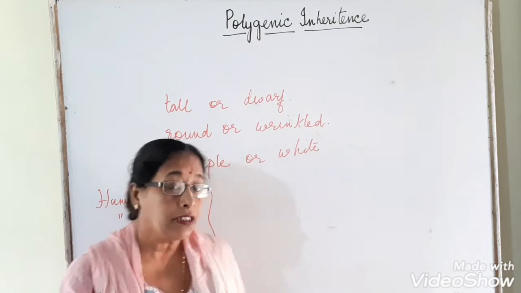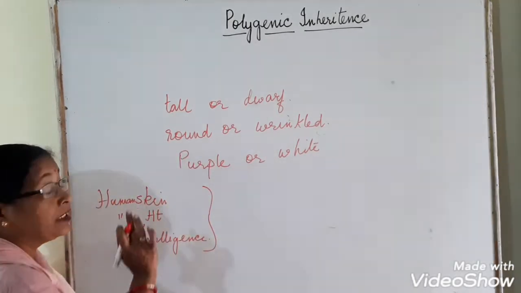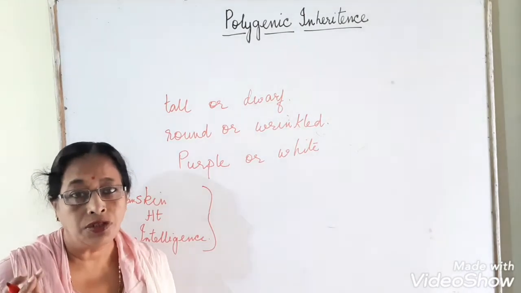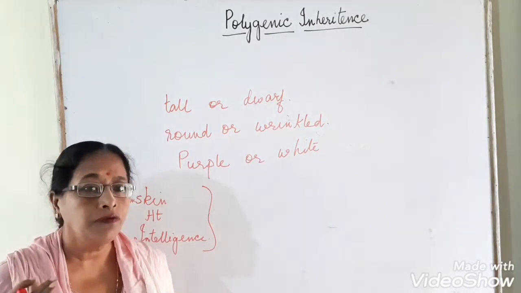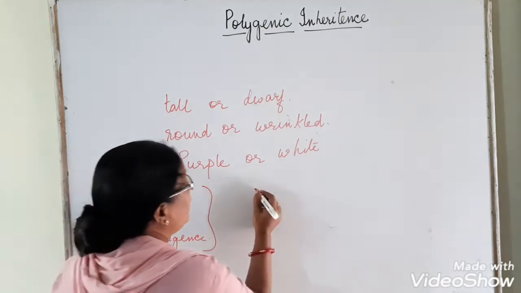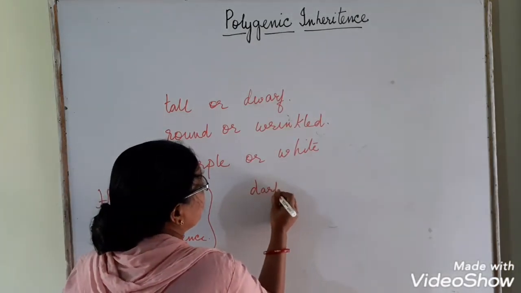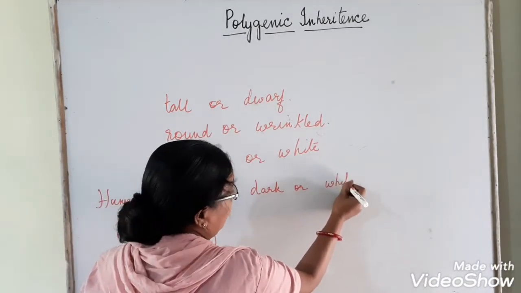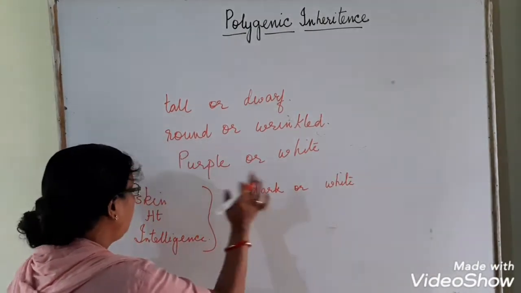Human height and human skin color show graded variation. There are different forms of skin color. The two extremes are dark and very fair. Now these are two extremes.